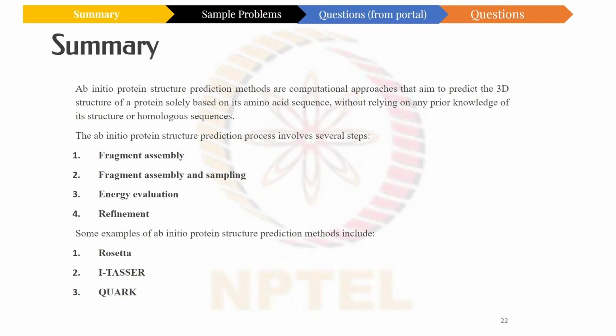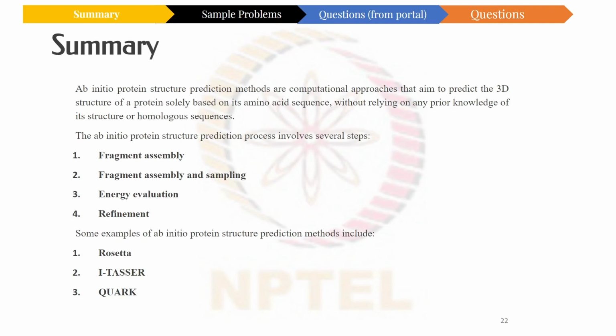The ab initio protein structure prediction involves several steps. The first step is to generate a large number of short protein fragments, typically 3 to 9 residues in length, that represent the possible building blocks of the protein structure. The next step is to assemble these fragments into a 3D conformation of the protein.